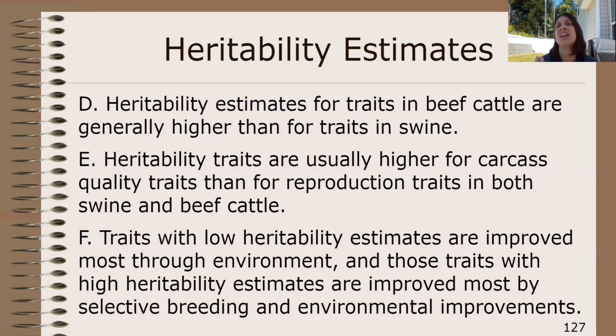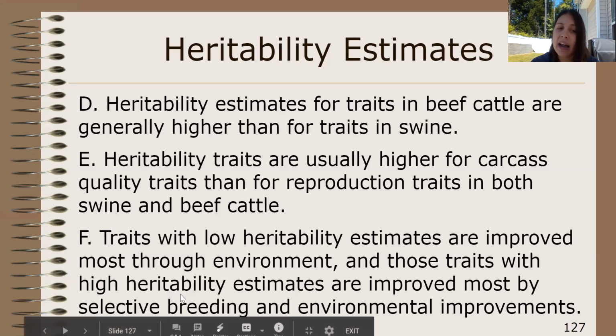So this could be like giving them automatic waterers so that you can ensure that they always have water and that water is always clean. We've got some other environmental traits on the next slide. It's just things that you're going to be trying to improve around the animal as opposed to directly on the animal. How can you change the animal's environment to make things easier for them?